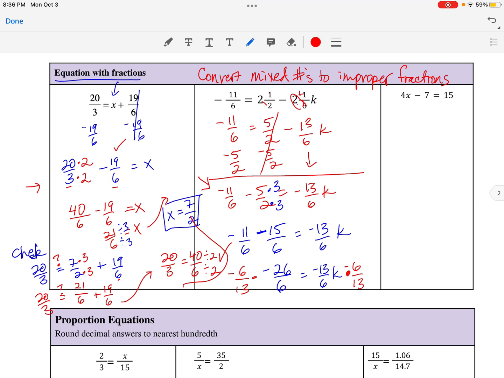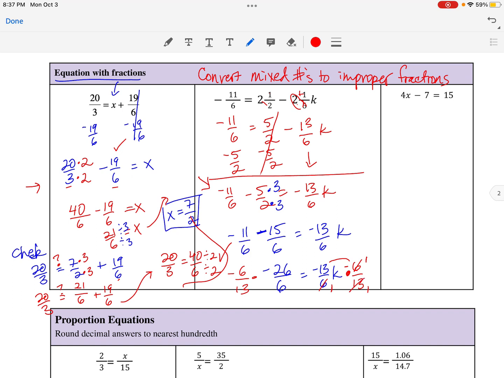So what happens here is what's called cross canceling. And perhaps you've done this before in a math class. Now we have to think, what is negative 13/6 times negative 6/13? When two numbers are diagonal from each other in a fraction, they actually cancel out to 1, because you can do 6 divided by 6 here, and this other 6 divided by 6, they both equal 1.